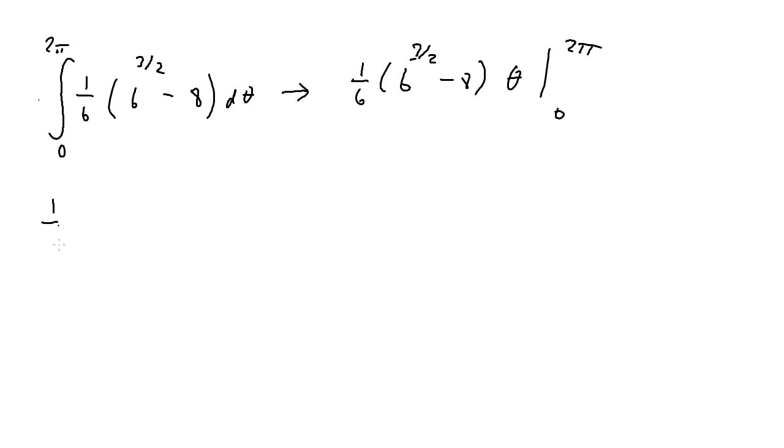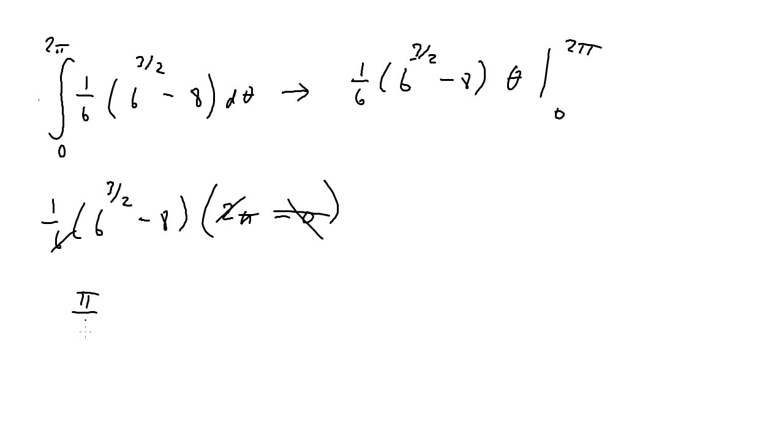So when I plug in 2 pi, I'll rewrite the entire thing. 1/6 times 6 to the 3/2 minus 8 times, now when I plug in 2 pi for theta, we get 2 pi, minus when I plug in 0 for theta, we get 0. So when we simplify, we just get 2 pi times 1 over 6, so 2 over 6 is 1 over 3. So we get pi over 3 times 6 to the 3/2 minus 8.